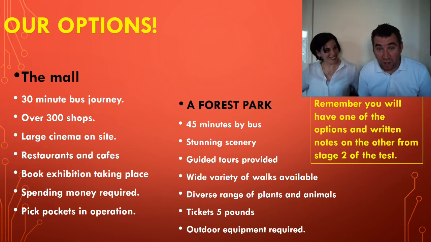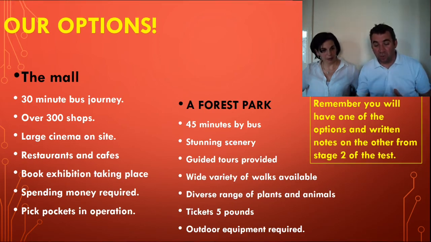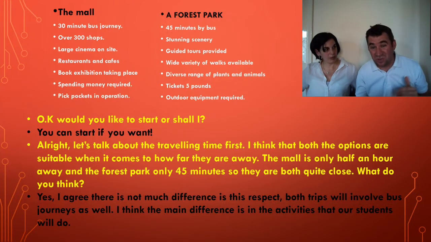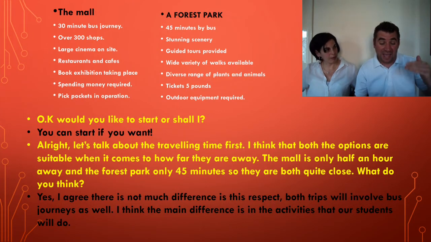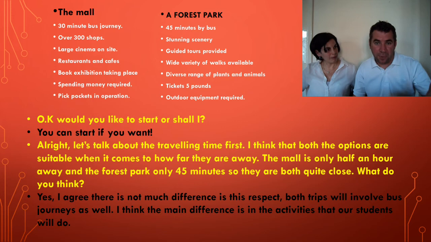Okay, so that was a run through of part 3. So now what we're going to do here is you can see the two options, and what one student says is going to be in yellow and the other student is going to be in black. Okay, so you've heard us do it, so I'm just going to skip through these screens, and you can pause it and read it, and it will give you an idea of maybe how to approach it.